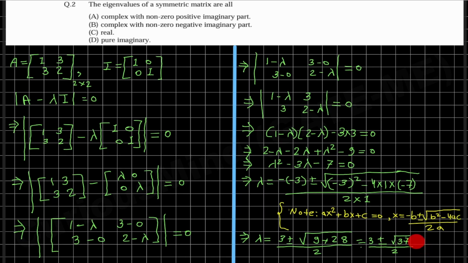Now, if we were to consider any other second order symmetric matrix with other values than those we considered inside it, then we would also get values of lambda other than those we got here, but those values would also be real.